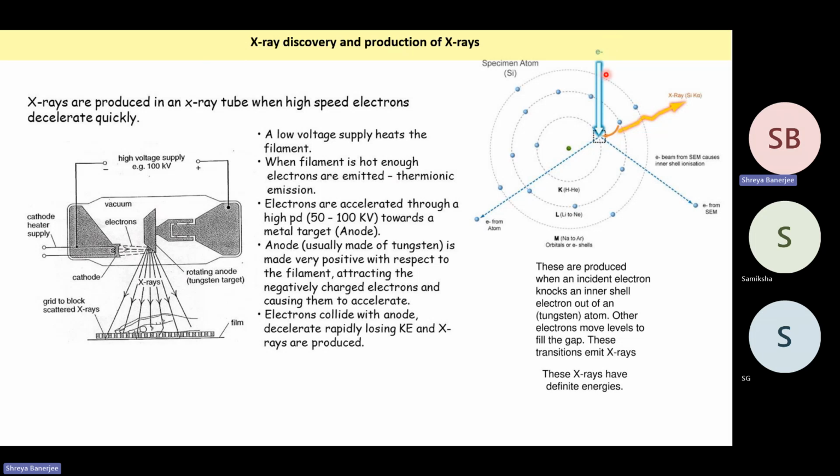Because of being hit by the thermionic electron, it is knocked out. So there is a vacancy here. In order to fill up this vacancy, one electron from an outer shell will jump to the inner shell, and the energy released in this process is what forms the X-ray. So this is the atomic origin of X-rays.